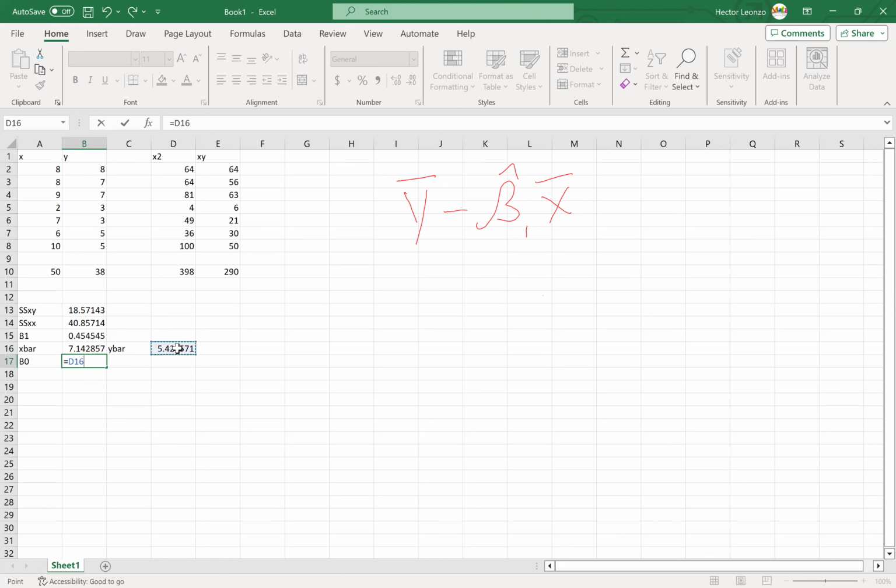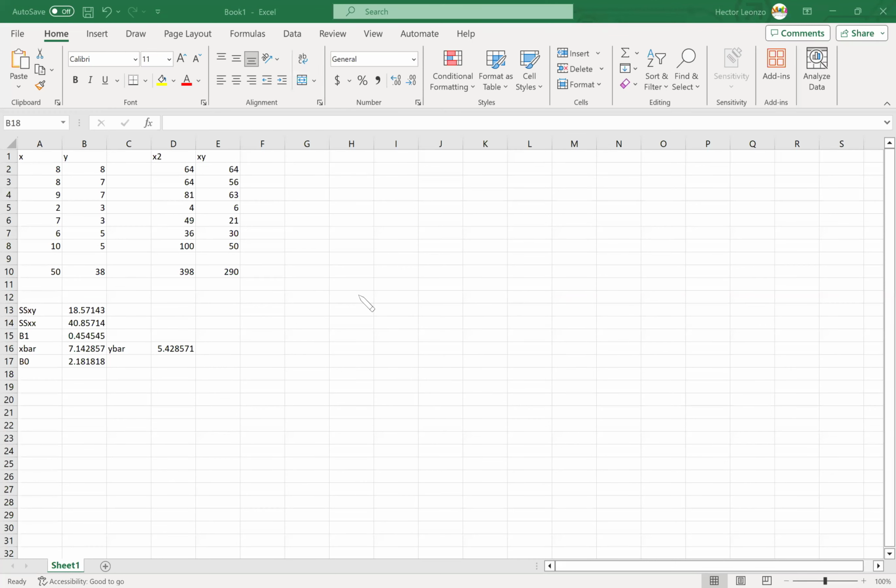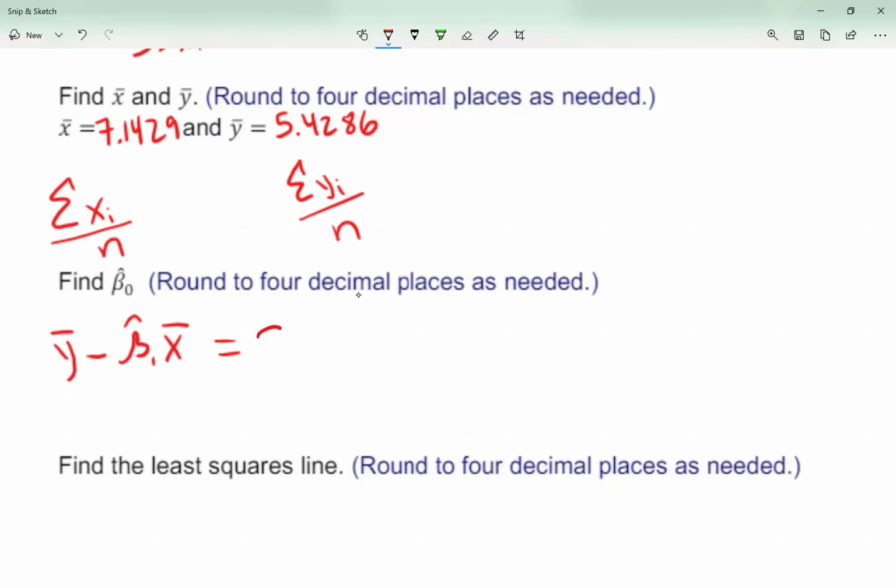So y bar minus my beta 1 is here times x bar. Press equal. Rounded to 4 decimal places, I'm going to call that 2.1818. Okay. 2.1818.